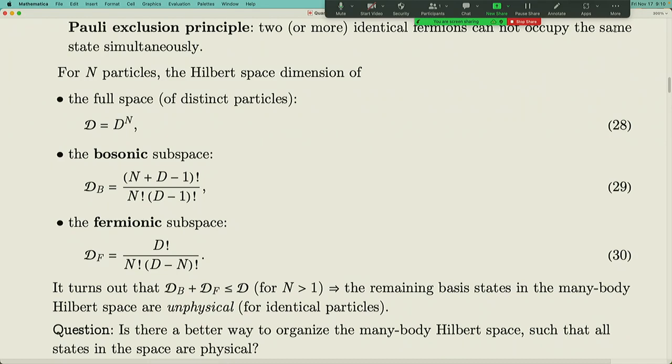These dividers can be inserted all in the front, which means the first and second states are not occupied by any boson, and the third state is occupied by 5 bosons, for example. And you can also move this bar anywhere. Then it means that the first state is not occupied by bosons, the second state is occupied by 3 bosons, and the last state is occupied by 2 bosons, for example.